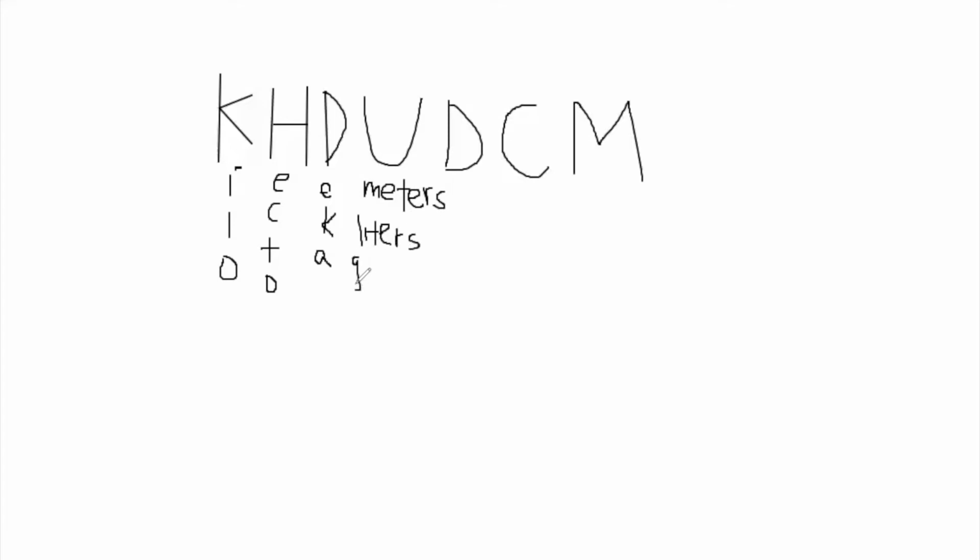And grams is the last one. This one is deci. Deci is also not used as much, but it's still used. This one is centi. And the last one is milli.